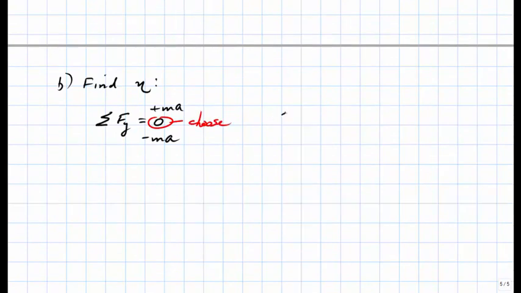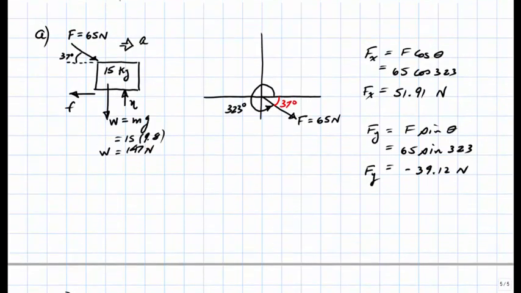So our equation becomes the sum of the forces in the y equals 0. The question is now, how many forces contribute to the y direction? Let's take a look at our FBD. Notice that we have the weight lined up along the y direction. The normal is aligned with the y-axis. And this force has a component that's aligned with the y-axis that we're referring to as F sub y.